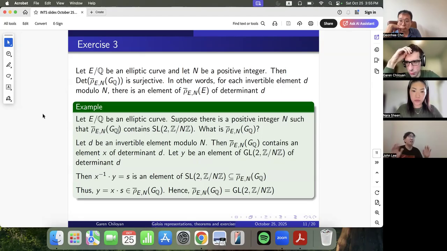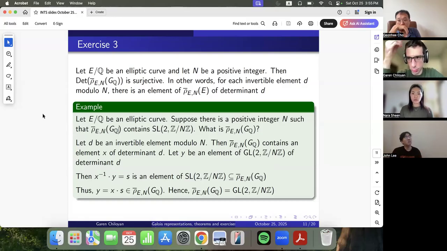If you have an elliptic curve, you can consider its dual, but this argument works for the more general higher case too. For an elliptic curve, the dual is itself, so you can make a pairing from the elliptic curve times its dual to the roots of unity, and that gives why this determinant map is surjective.